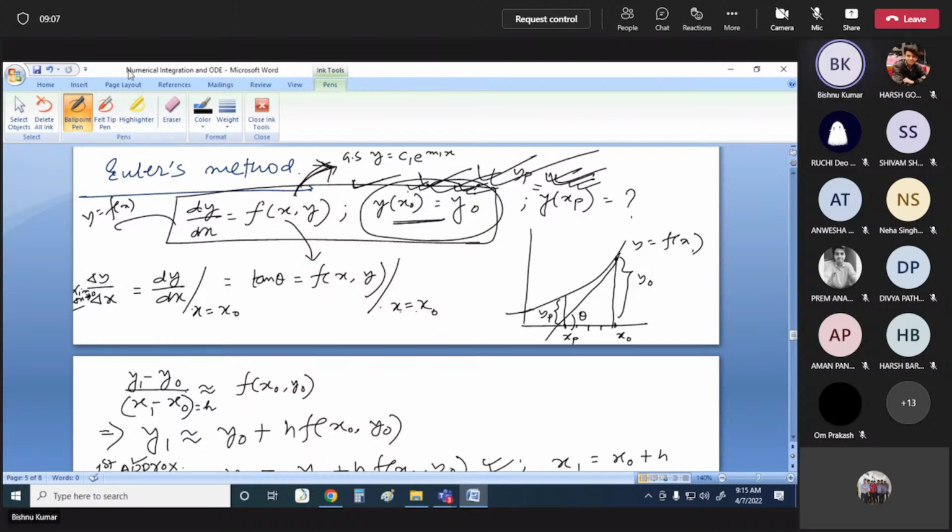Now that arbitrary constant can be chosen arbitrarily, infinitely many times, so you will get infinitely many solution curves. If you try to represent all of them separately, it will take infinite pages.